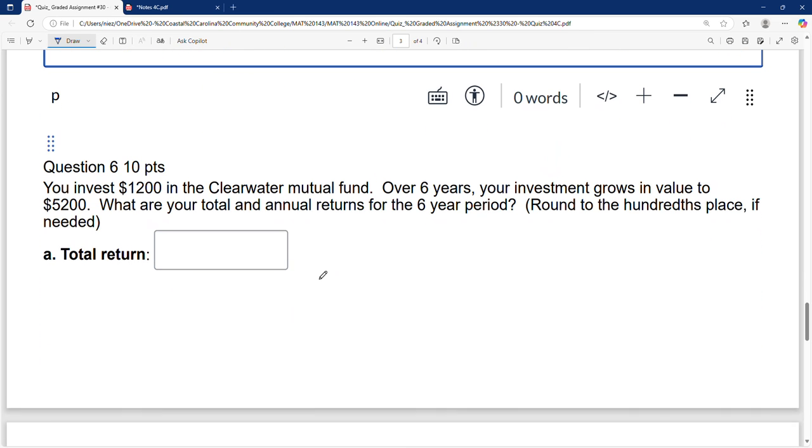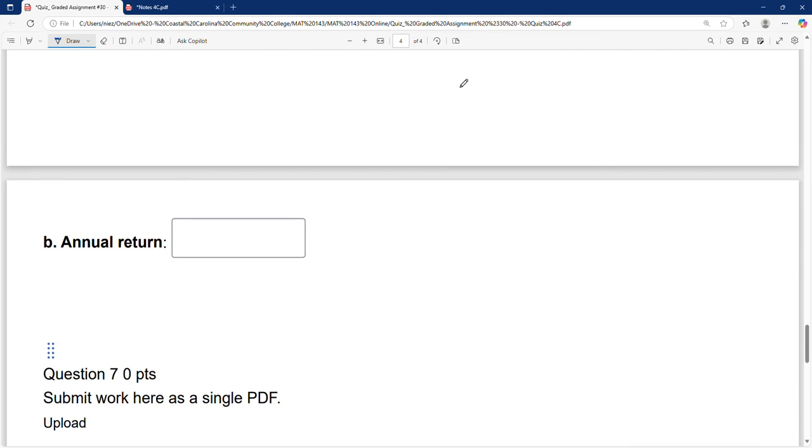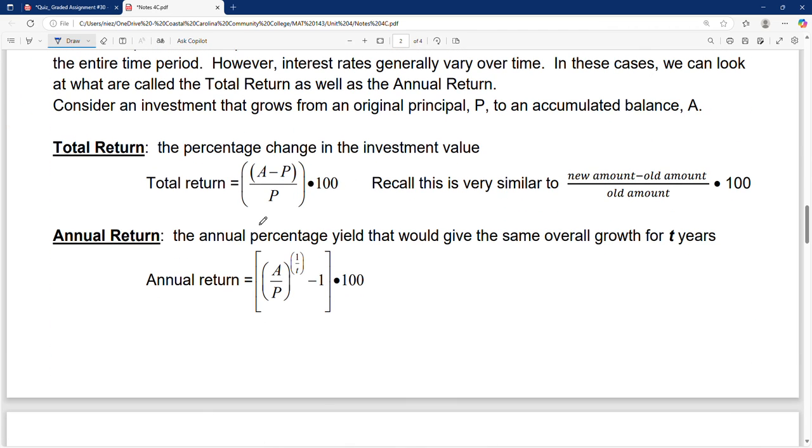Okay, now question 6. Question 6, we ask the annual return, right? The total return, the annual return. Let's see, do we have the formula in the note, right? This is the formula in the note. Total return and the annual return. So here is times 100, all right? Actually, this means 100%.